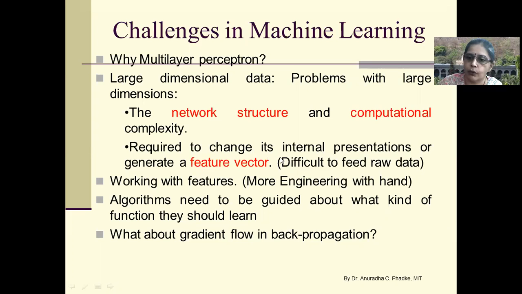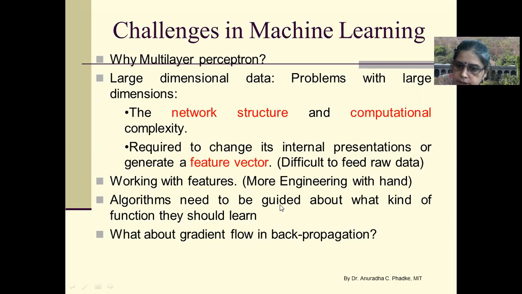So more engineering is required before applying the data to the actual network. You need to extract certain features, and if there are a large number of features, you also need to apply some dimensionality reduction technique, or decide which are the important features. So you need lots of pre-processing on the data.